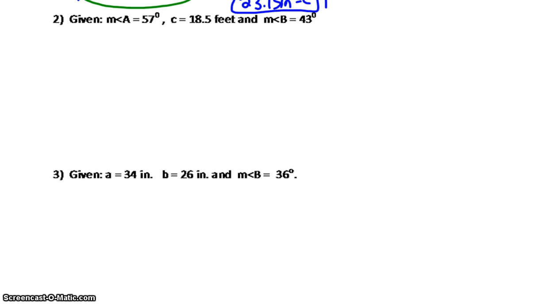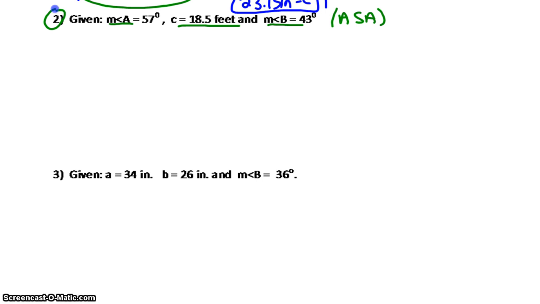As I go into the second of these problems, working with law of sines, I find that I have an angle side angle, which is in fact what we cover in law of sines. Notice an angle A and an angle B, and in between these two will be C. So I want to use law of sines.